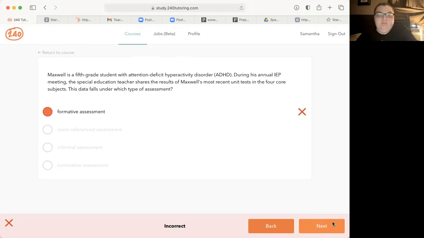So you have formative right here, and formative is the type of assessment that forms or drives our instructional plan. And it can be informal or formal. We do it all the time. We should be constantly gathering data to see if our students are achieving or mastering those learning objectives. And the way we do that is by gathering data.